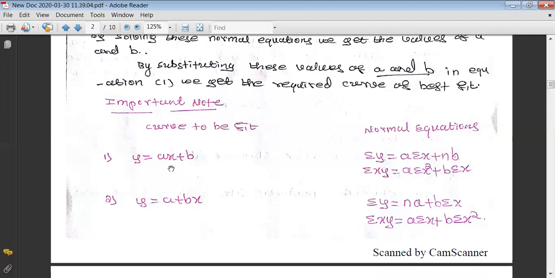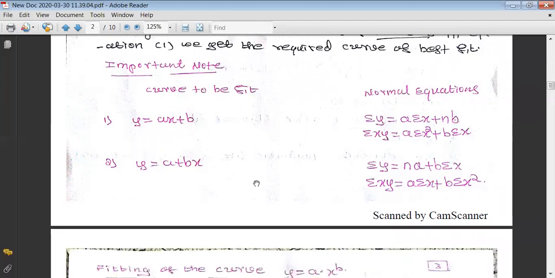The term a becomes a into x square; a is a constant, so take the summation for x square. And the term b becomes bx; b is a constant, so take the summation for x. That's the way to write the normal equations, because until and unless we write the normal equations, we cannot find the values of the unknowns, that is, a and b.